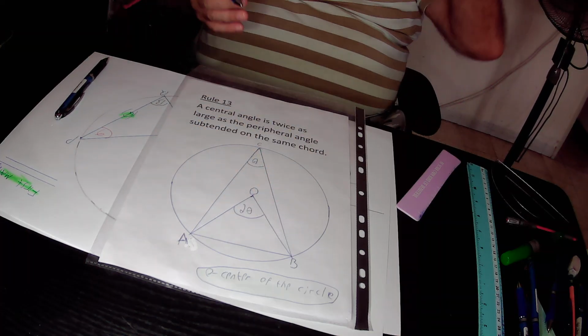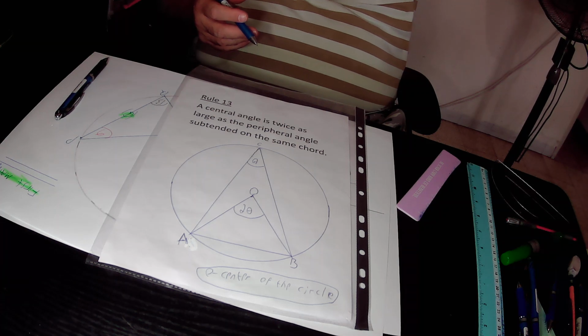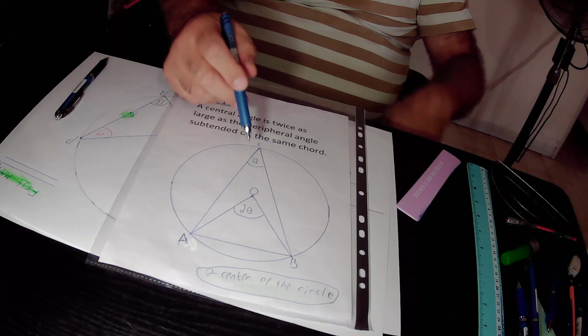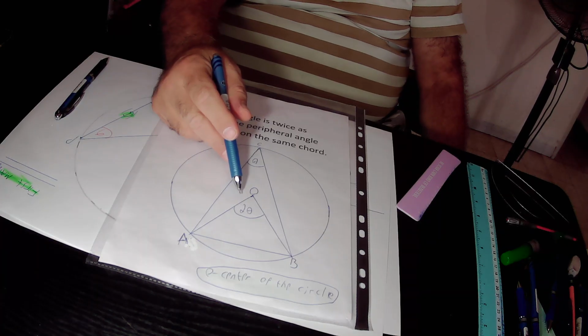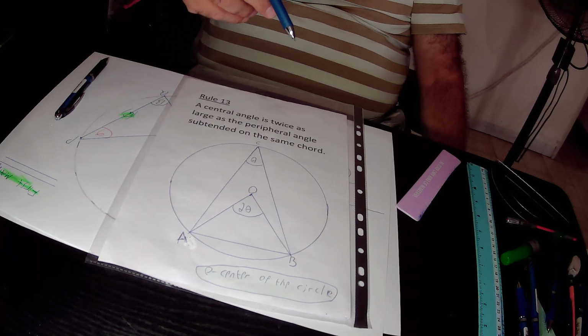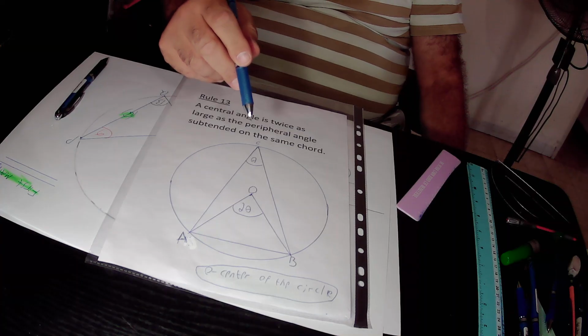And according to this rule 13, the size of this central angle AOB must be twice as large as the size of the peripheral angle that subtends on the same chord.